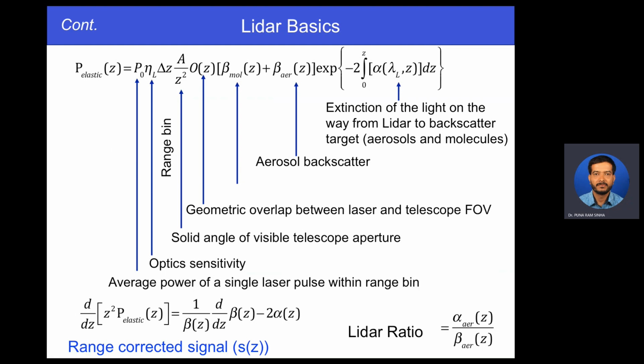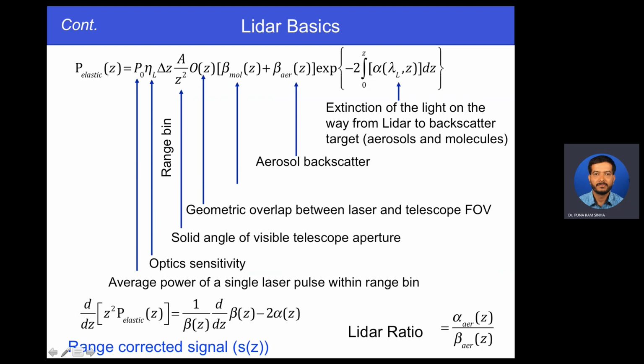To get the lidar ratio, we must have an independent aerosol optical thickness measurement, maybe from a radiometer, sun photometer or multi-wavelength radiometer. You start with a certain assumption, because you have to iterate this equation with an arbitrary lidar ratio.